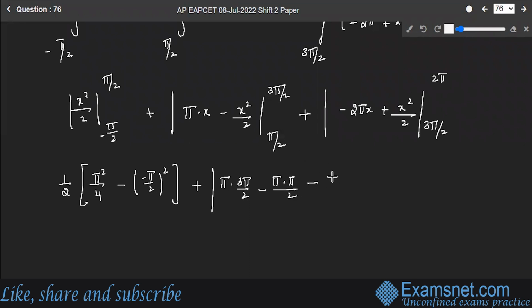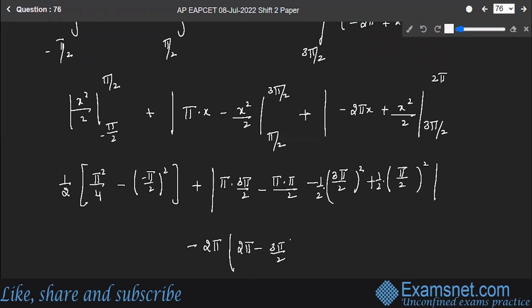And minus 3 pi by 2 whole square, minus will be plus pi by 2. This half will be outside here and half will be outside here. Pi by 2 whole square, right? So minus 2 pi, you have 2 pi minus 3 pi by 2, plus 1 by 2, 2 pi square minus 3 pi by 2 square.